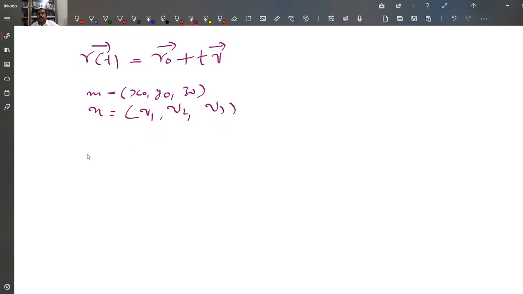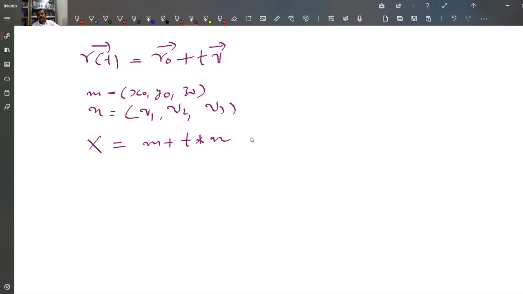Then you run the command x equal to m plus t star n, and you will get the equation.